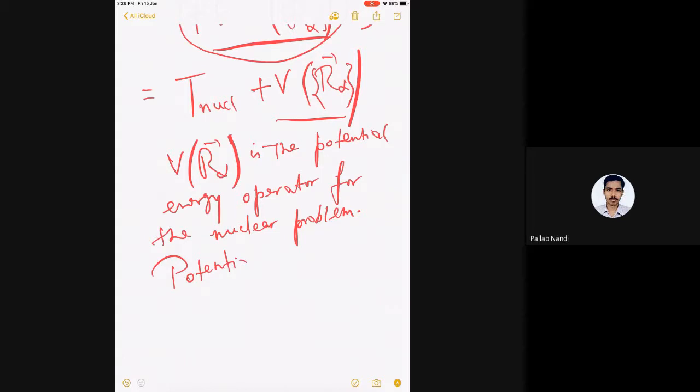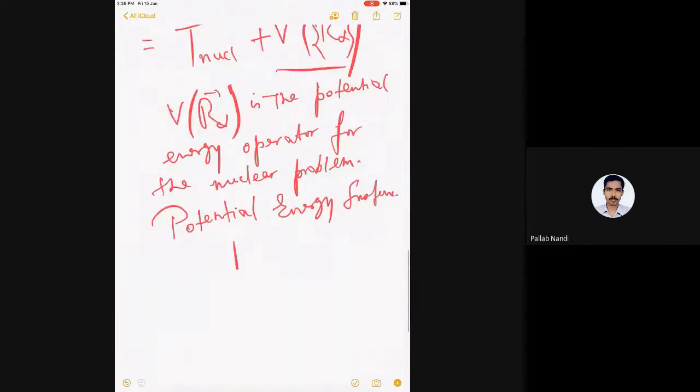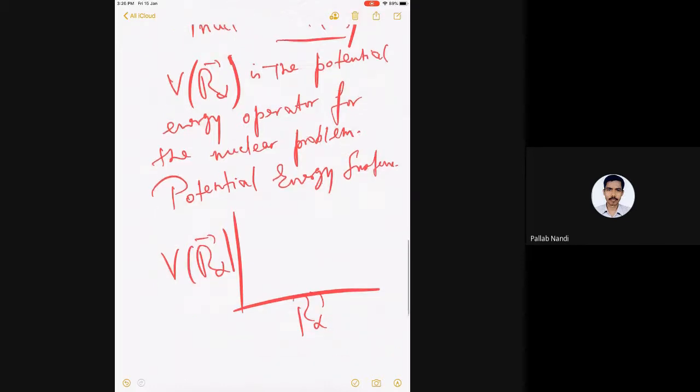So if I plot V of R alpha, this is a very schematic plot as a function of all R alphas. It's of course a very multidimensional plot, but schematically this will become the potential energy surface.